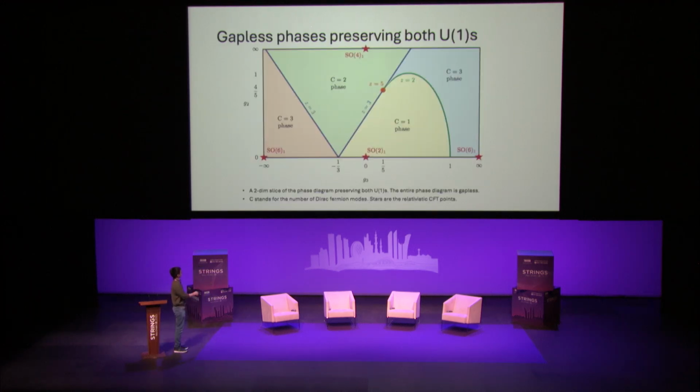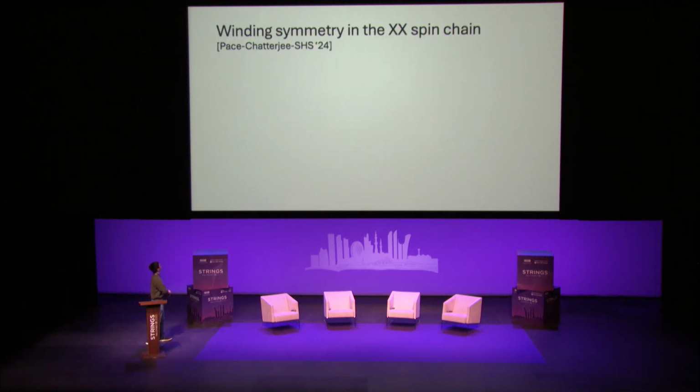Let me just give you a quick look at a 2-dimensional slice of the phase diagram, preserving both U1V and U1A. The entire phase diagram is gapless, but there are some interesting transitions between them. There are also some interesting WZW model points. Ask me later if you are interested in this phase diagram.